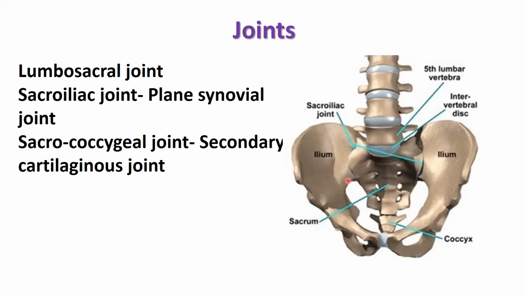The auricular surface of the sacrum articulates with the auricular surface of ilium and forms the sacroiliac joint, which is the plain synovial joint. And between the sacrum and coccyx, there is a sacrococcygeal joint, which is again a secondary cartilaginous joint. So these are the joints of the sacrum.